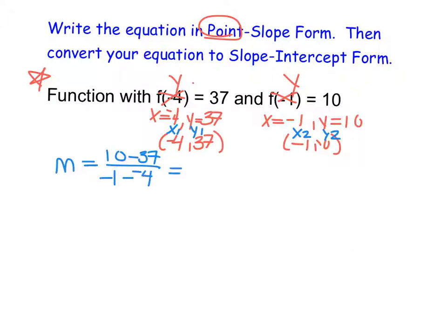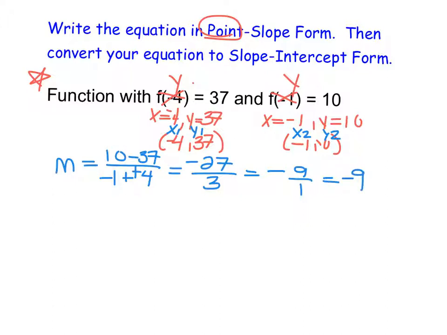Well, 10 minus 37 is a negative 27. And then here, negative 1 minus negative 4, I know is really negative 1 plus 4 because of keep, change, change, so that's 3. So we have a slope of negative 9 over 1, or negative 9.